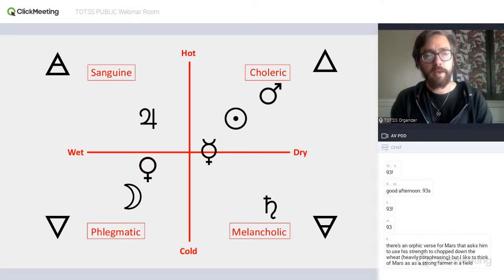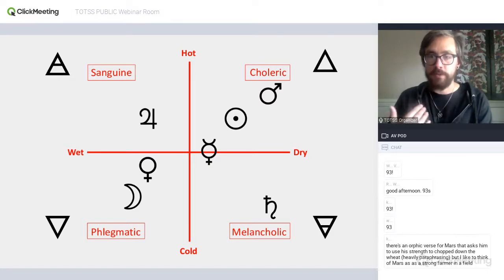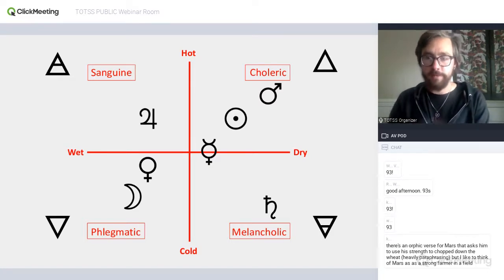And then finally we have Jupiter as the sanguine temperament, which is hot and wet, similar to air, which is hot and wet. And we can see some of the oppositions, where Jupiter is hot and wet, Saturn is cold and dry, the sun is hot and dry, the moon is cold and wet. And so we can see how some of these oppositions between the planets are reflected in their temperament as well.